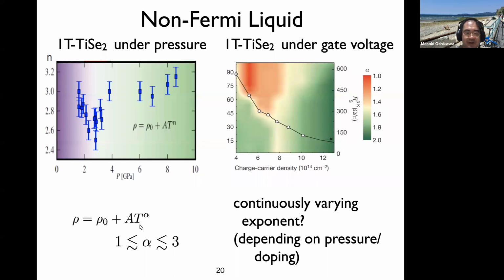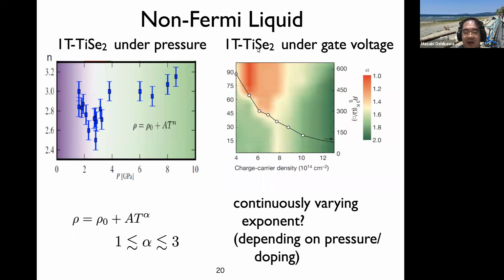This is the standard characteristic of non-Fermi liquid transport. They measure the resistivity as a function of temperature, and then you see a power law dependence on the temperature with exponent alpha. Then this exponent alpha characterizes non-Fermi liquid transport.